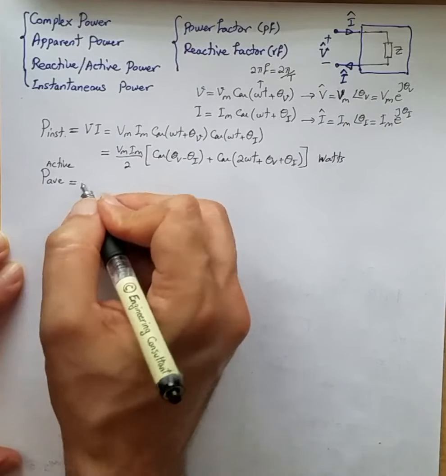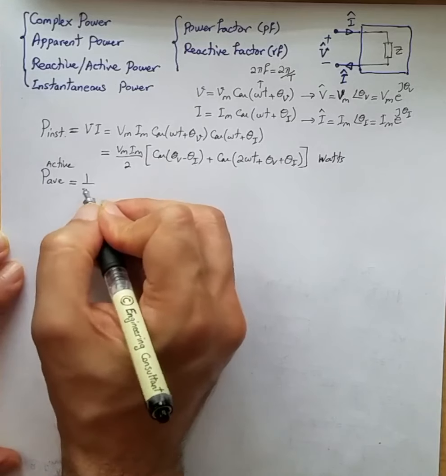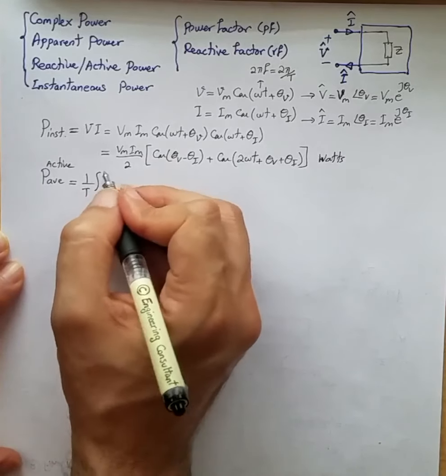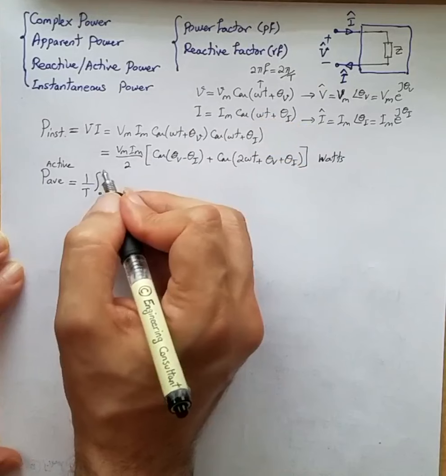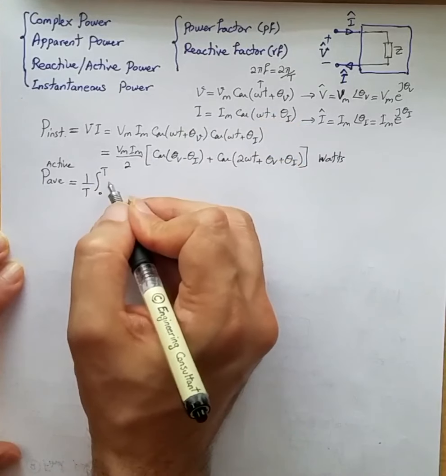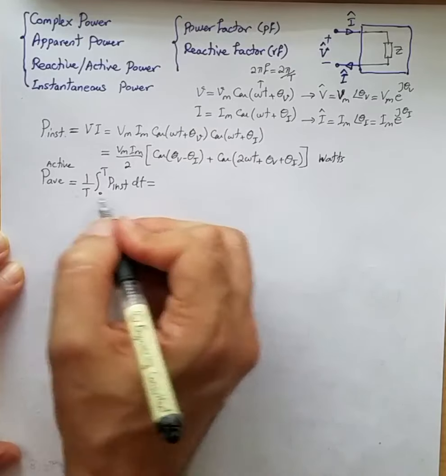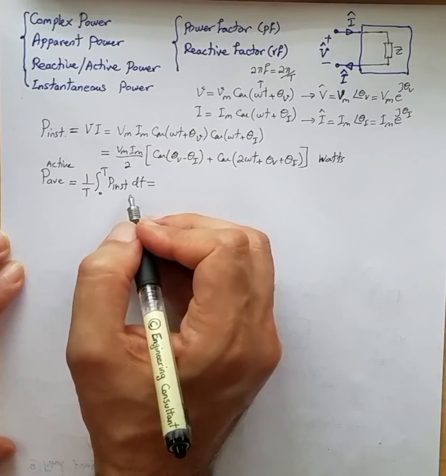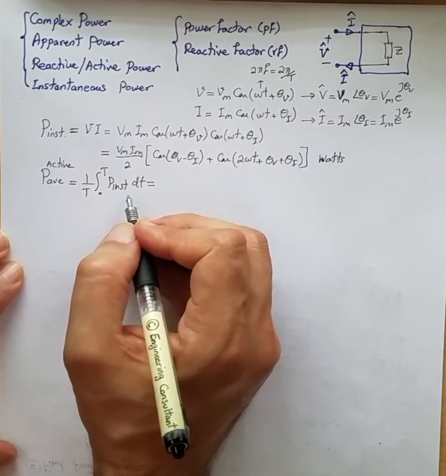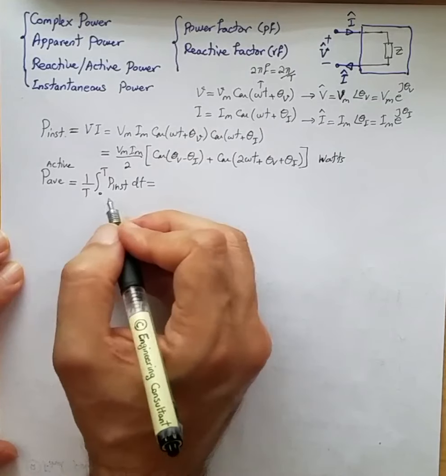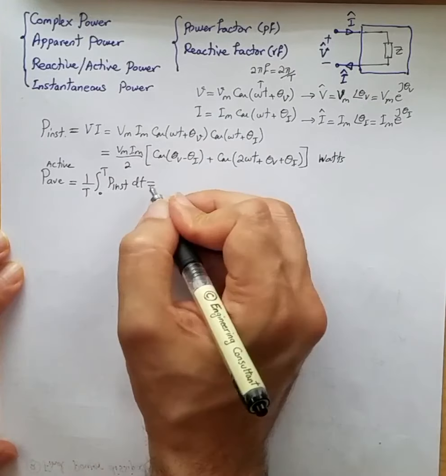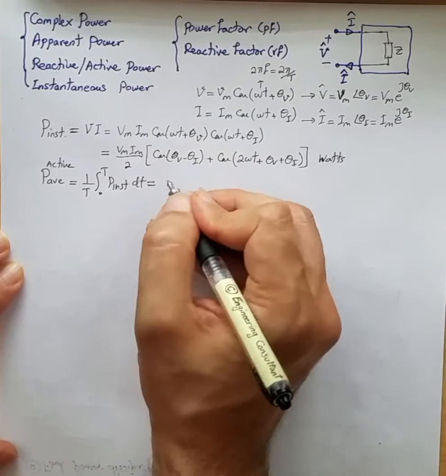It is just the integration over one period of time, from 0 to T, of p instantaneous dt. What we are computing here is just the average of instantaneous power over one period of the cosine in this sinusoidal steady state analysis.